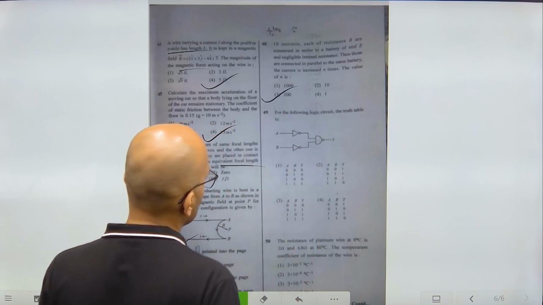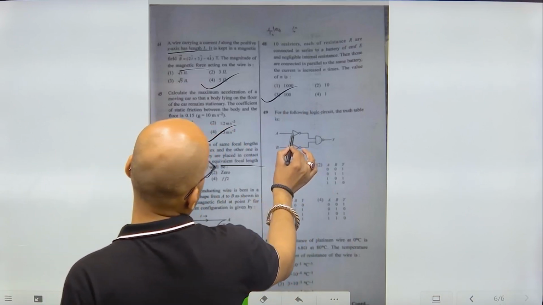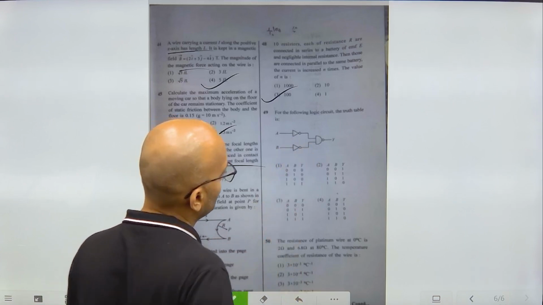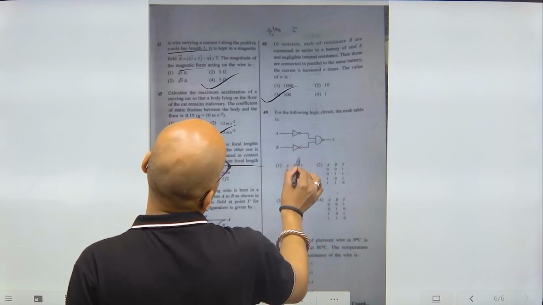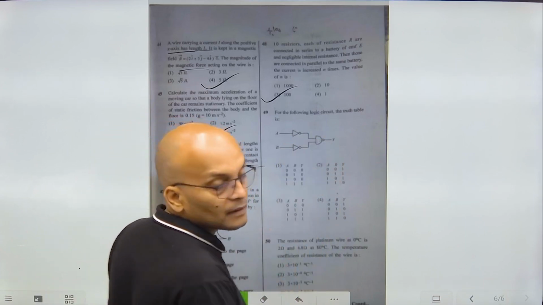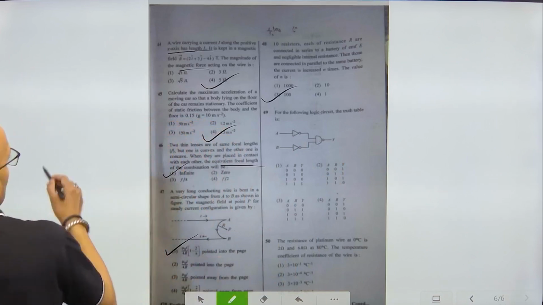For the following logic circuit, the truth table is. So, what is this? This is AND. This is NOT. 2 NOT and 1 NAND. So we can simply form the truth table. Okay, I am forming.